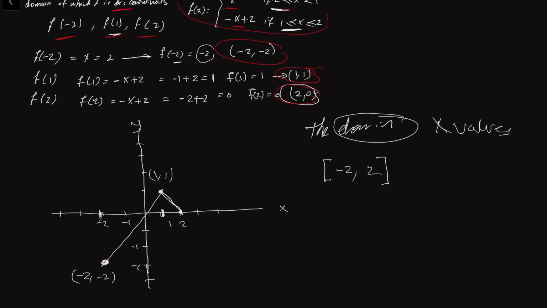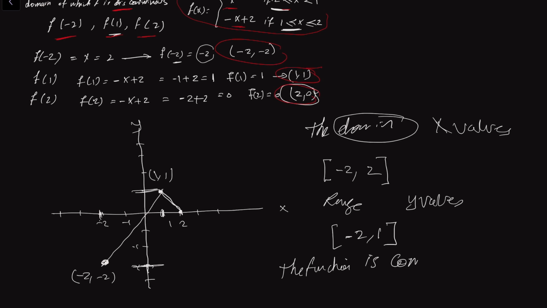So that's my domain. The range, which is basically the y value, is the same, from -2 to 1, right? And we can say the function is continuous on its domain.